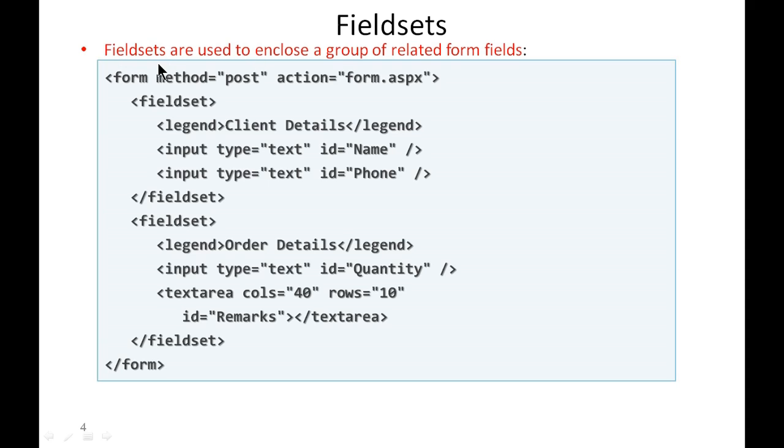Then the head, in the head the title will be there, and then the body, and in the body you have to write this code. First HTML tag opening, then head, then title. Then title closed, then head closed, then in the body start this, end the body, and end HTML.